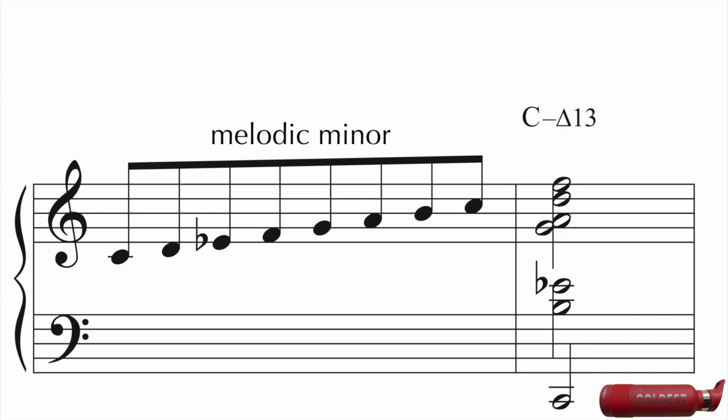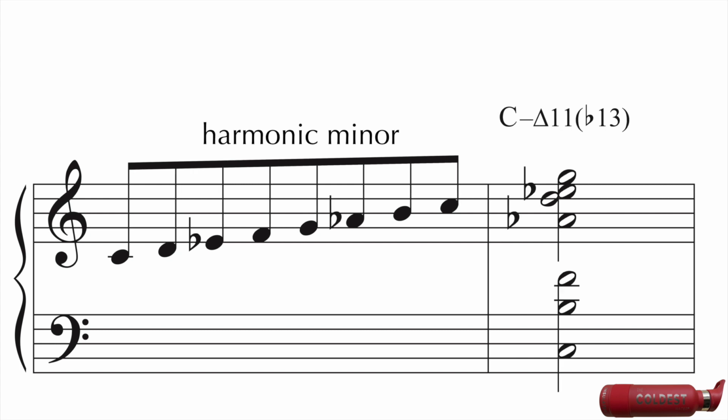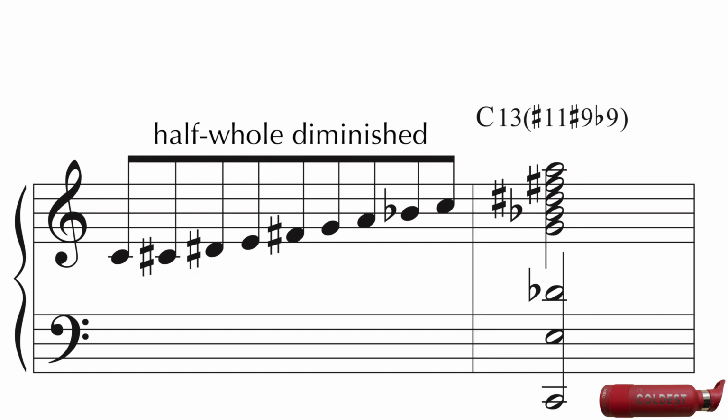The melodic minor scale contains all the tones of a minor major 13 chord. The harmonic minor scale contains all the tones of a minor major 11 flat 13 chord. The half-whole diminished scale contains all the tones of a dominant 13 sharp 11 sharp 9 flat 9 chord.